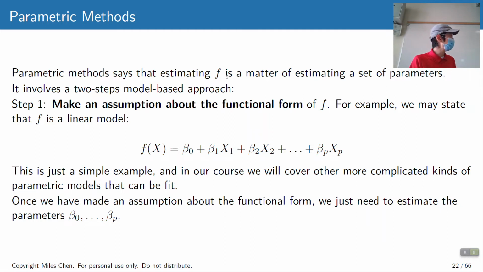In multiple linear regression, we're saying the output, your function f, is a constant, your intercept, plus some constant times variable x1, plus another constant times variable x2, plus another constant times, et cetera, until you get to variable xp. It's really just a matter of figuring out how much each of these variables factors in.